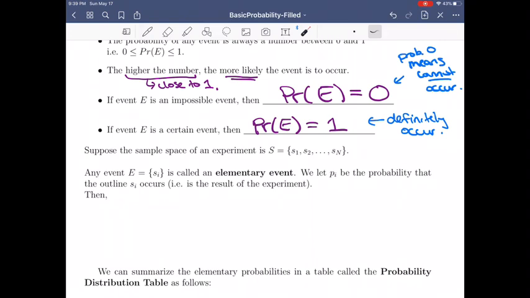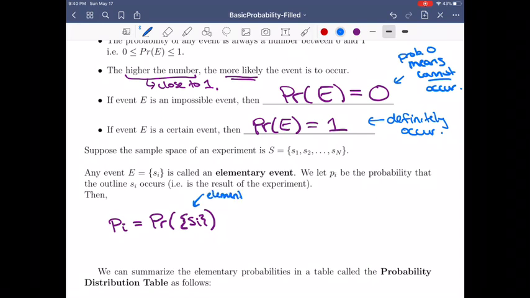If we call pi the probability that the outcome si occurs, then some notation that maybe if I didn't tell you, you might not even notice, but pi is actually the probability of the event that si occurs. This is the elementary event.